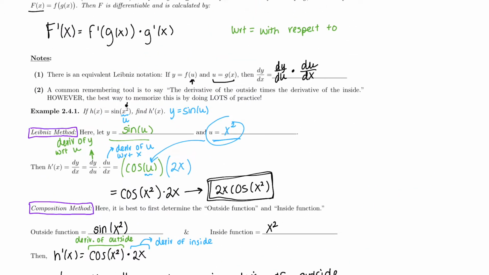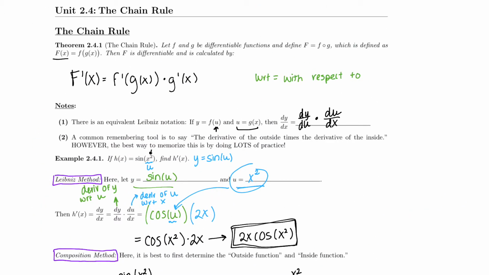The very first definition I gave of chain rule was this guy right here. If f of x is equal to f of g of x, then the derivative is f prime of g of x times g prime of x. And I said that this was the derivative of the outside, and that's the derivative of the inside. So I'm going to just copy and paste that.